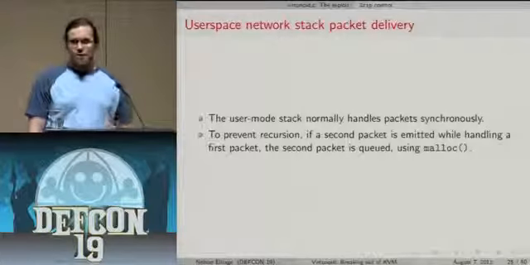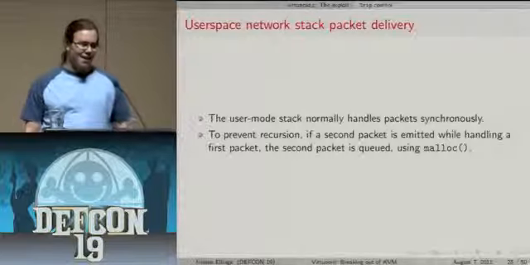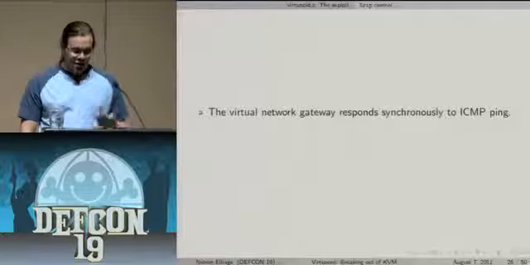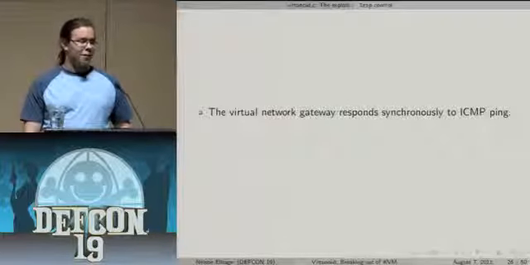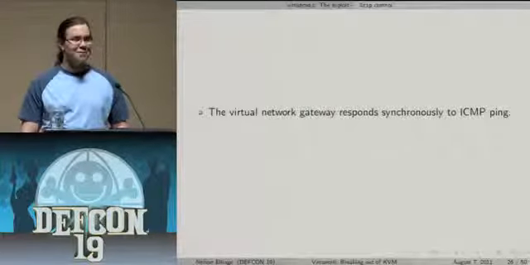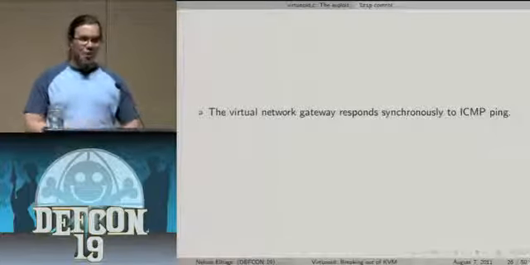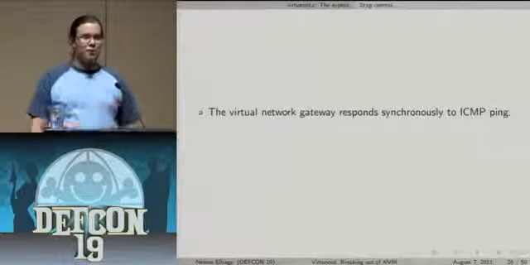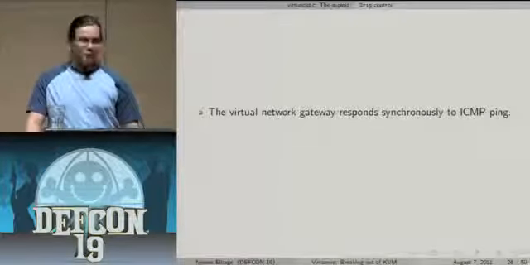Can anyone think of a network service that has that property? Ping, ICMP ping echo packets. So the way we're actually going to force allocations inside the guest is by pinging the virtual gateway. And it will reflect the ICMP packets back at us with the payload of length we control and contents we control, which will force mallocs and let us exploit this use after free.